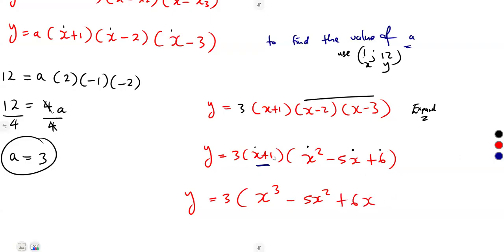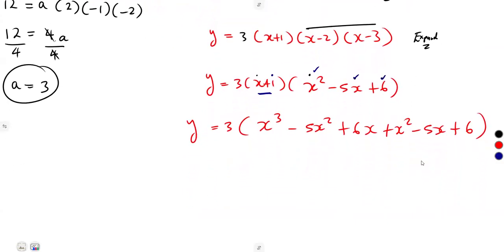We are done with x. We move on to positive 1. It multiplies x squared, 1 times x squared, that's x squared. 1 times -5x, that's minus 5x. Then 1 multiplies positive 6, that is a positive 6.